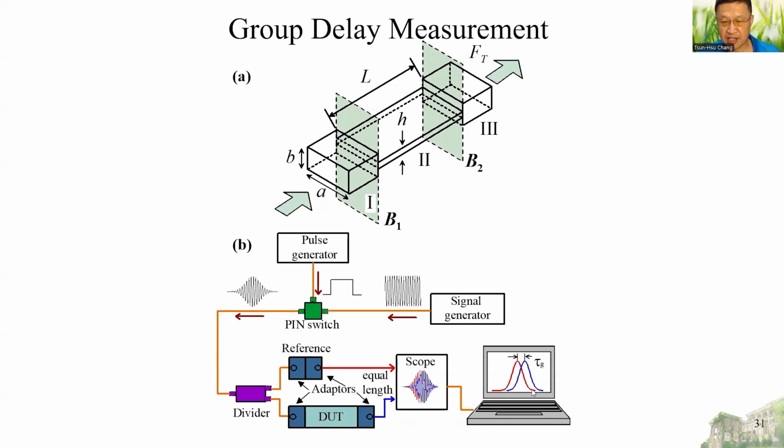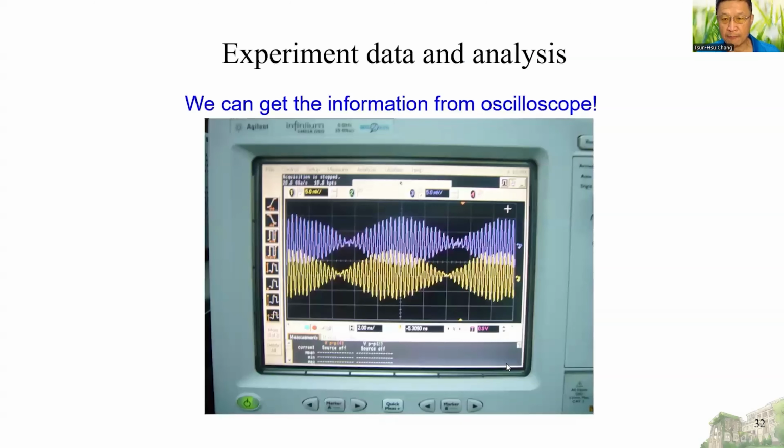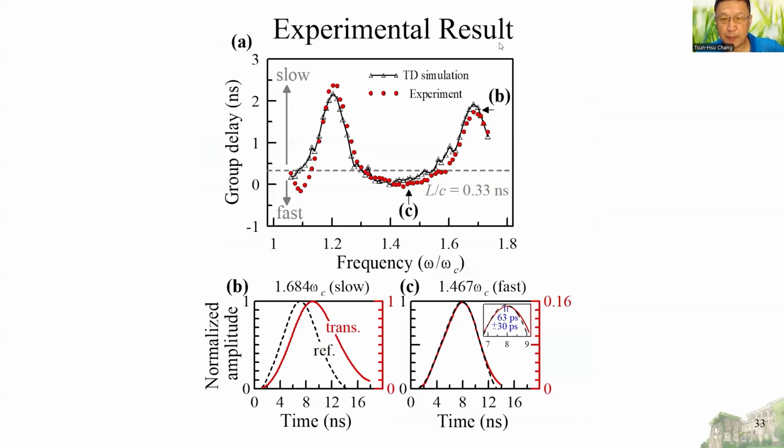The red curve is the incident, and the blue curve is the signal passing through the device under test. So we can measure the group delay easily. Here is the experimental result. We have multiple poles, and we can measure the group delay from the wave packet. This is the group delay, and this is the frequency, normalized.